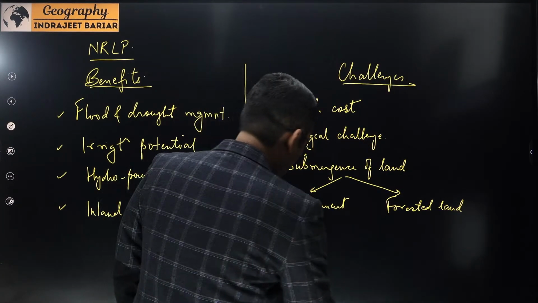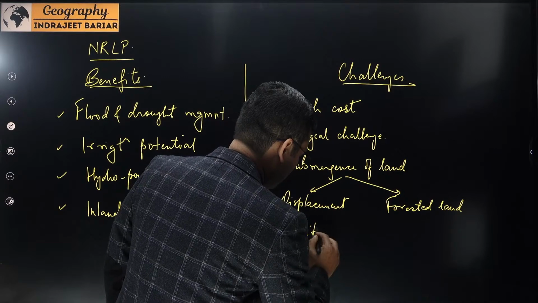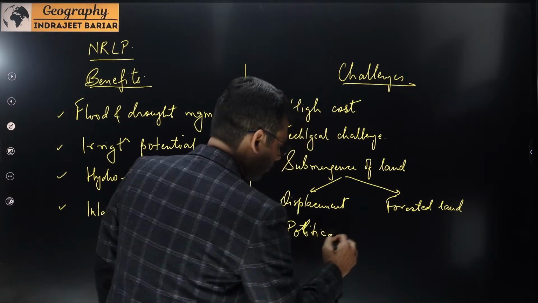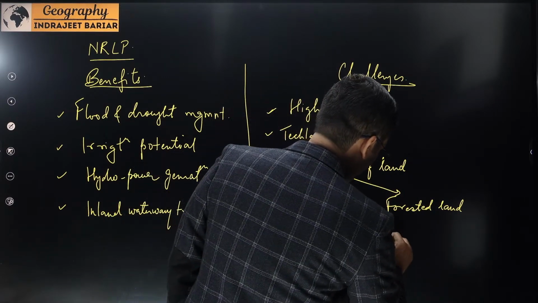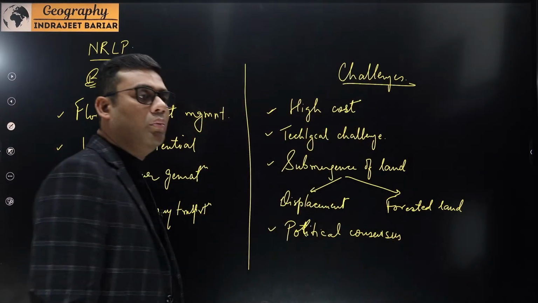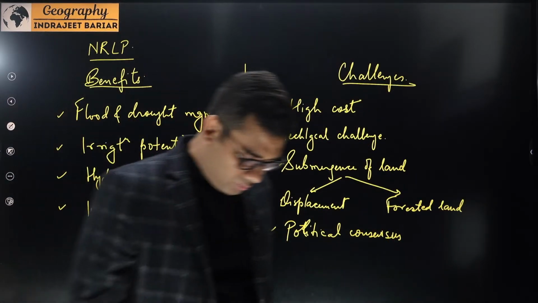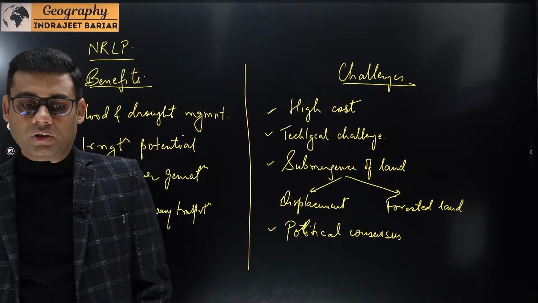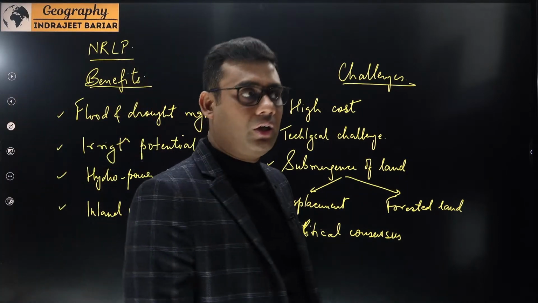And that's where political consensus can be a big question, because when they would be passing through more than one state, the consensus in terms of water sharing is needed.